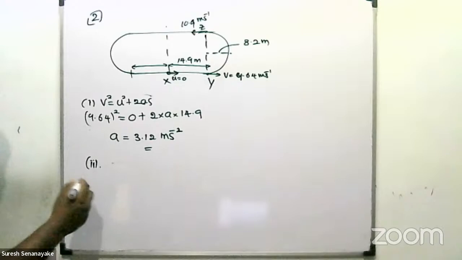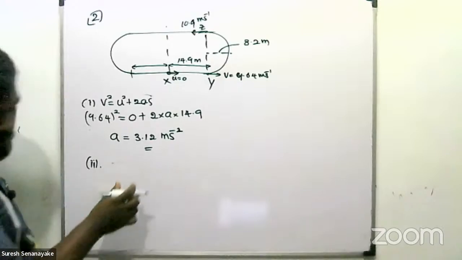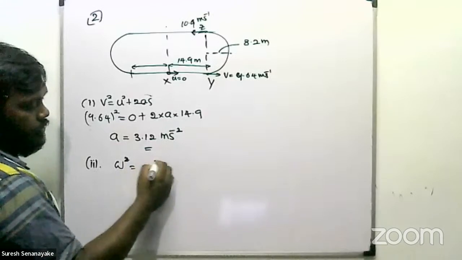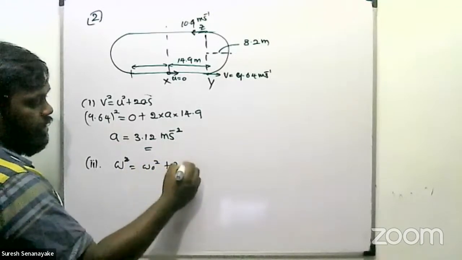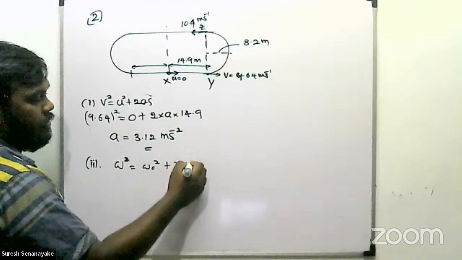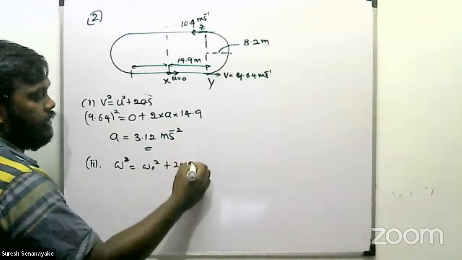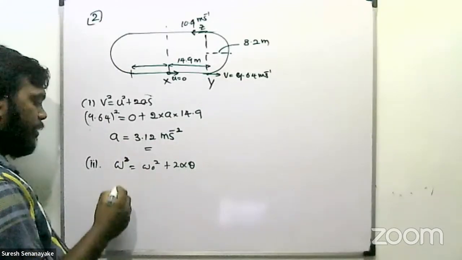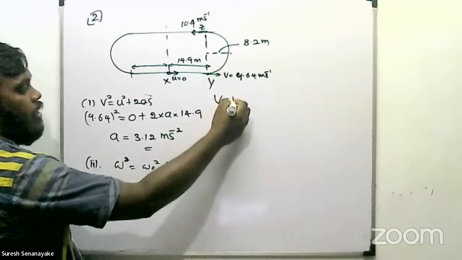Then you can write omega squared equals omega naught squared plus 2 alpha theta. Here, v equals r omega, so omega is v over r.